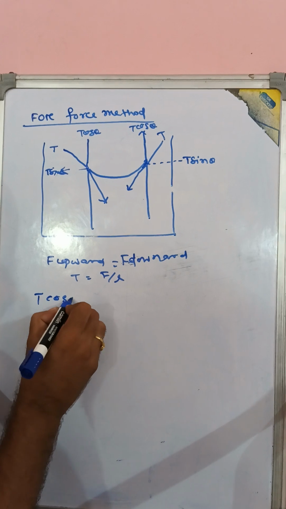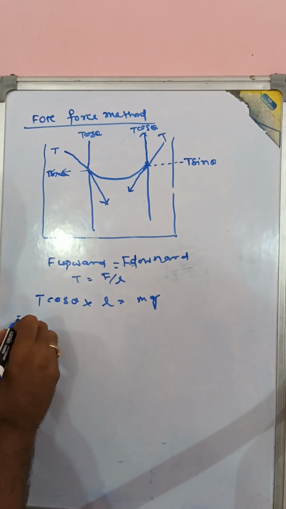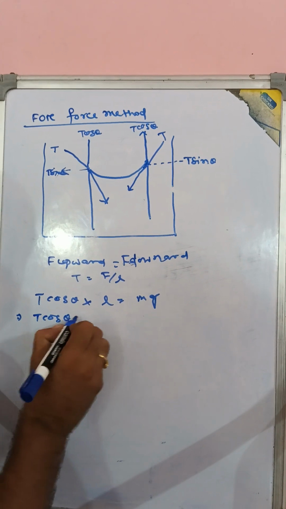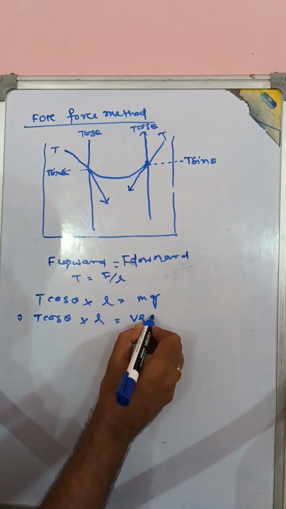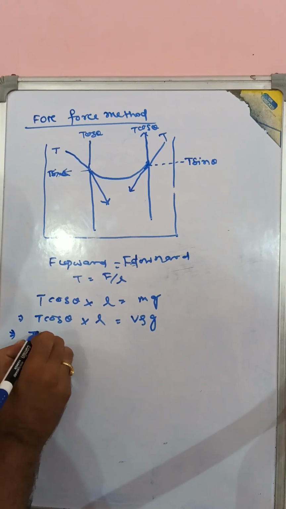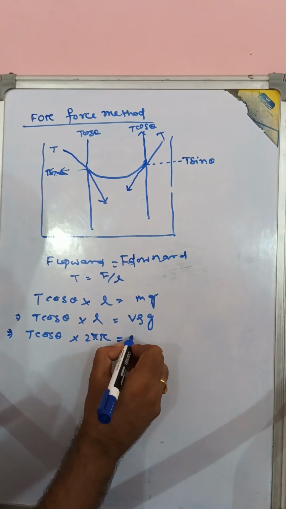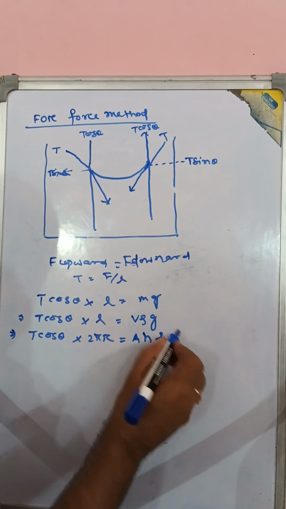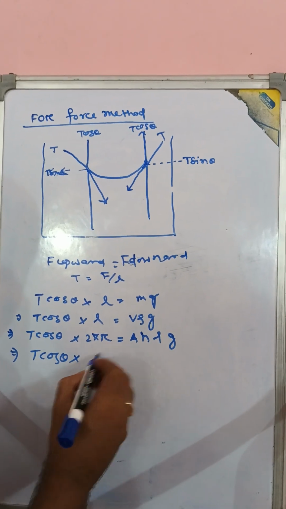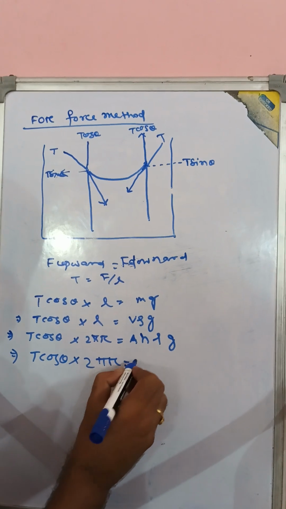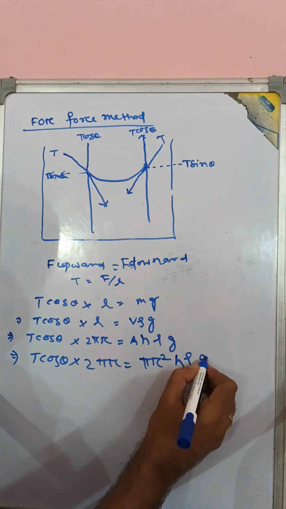T cos theta into length is equal to mass into acceleration due to gravity, which is V rho g. T cos theta into length, 2 pi r, is equal to area, pi r squared, into h into rho g.